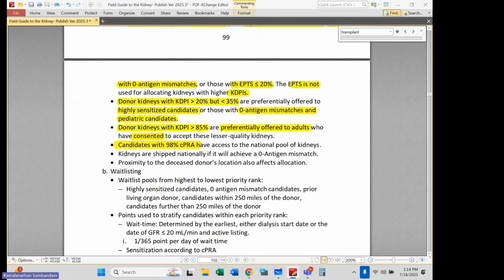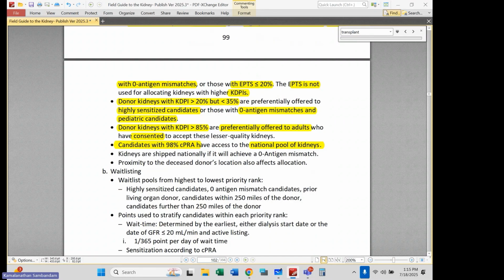Candidates with high PRAs, defined as very high PRAs, 98%, they get to see every kidney that gets on the radar. So if I have a 98% calculated PRA, if a kidney becomes available in Washington State, they'll look at me as a potential recipient of that kidney from Washington State.